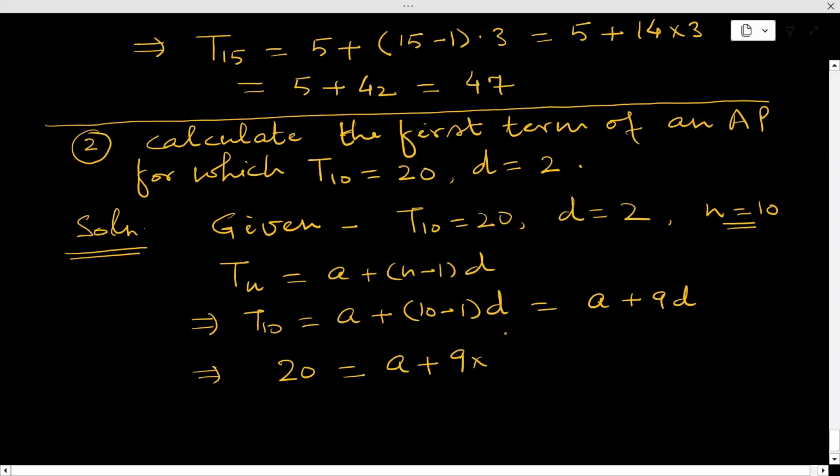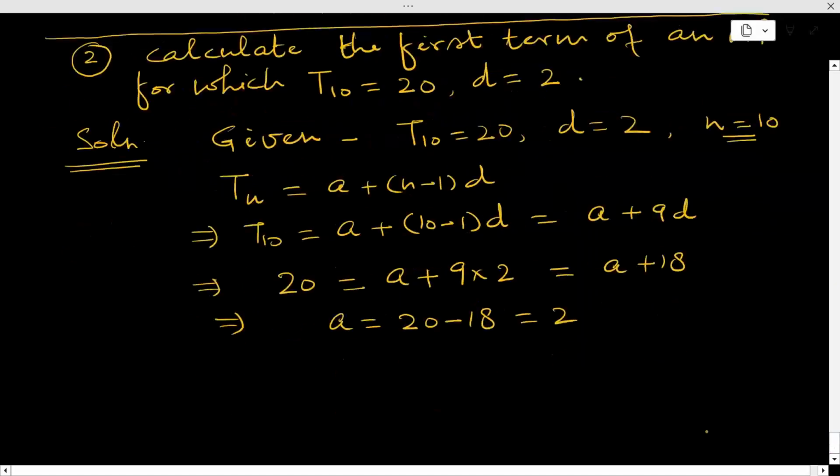If we put the value of d, which is 2, this comes out as a plus 18. So from here we will find the value of a as 20 minus 18, which is 2. In this manner you can easily find out the value of the first term.